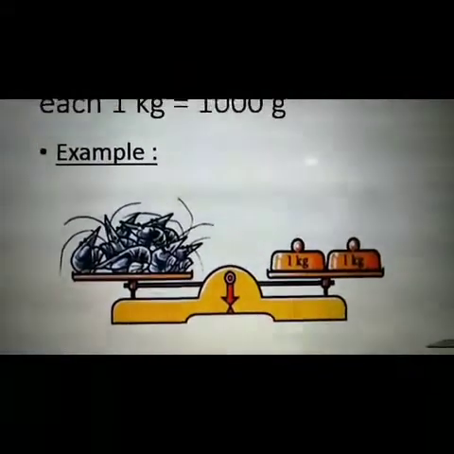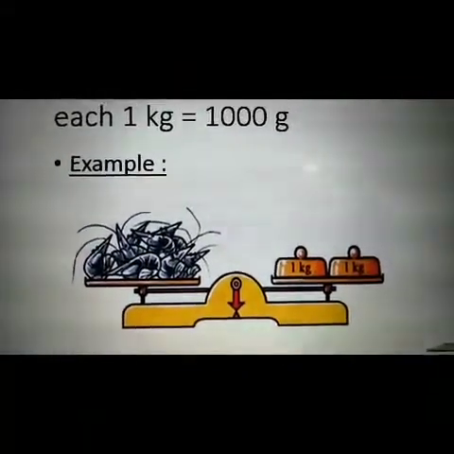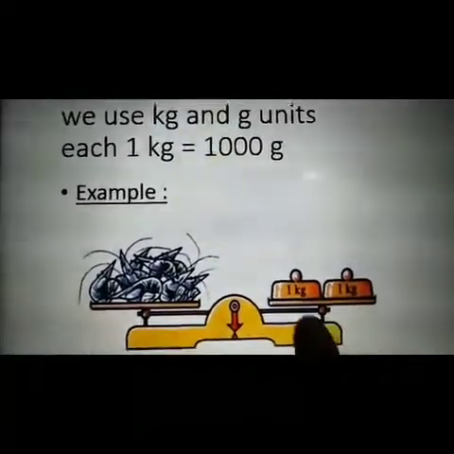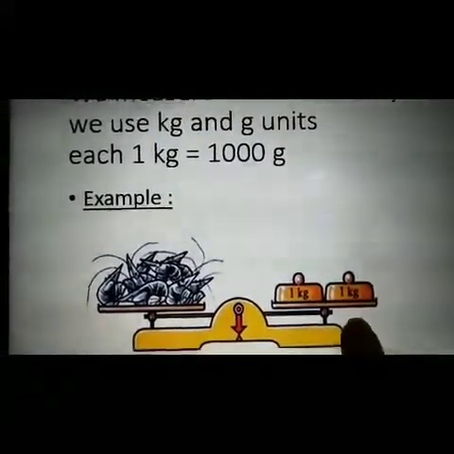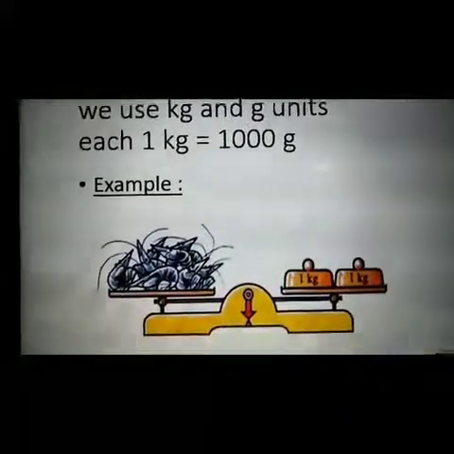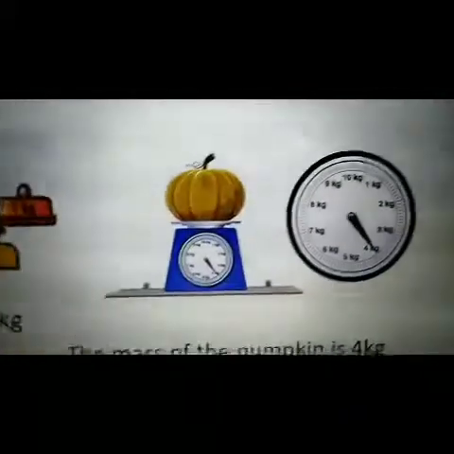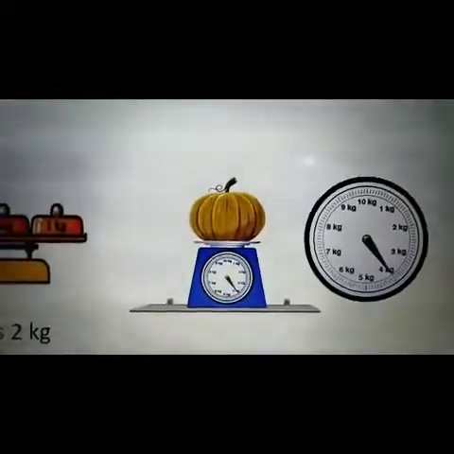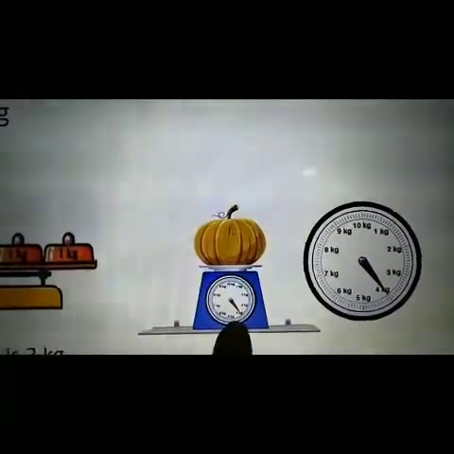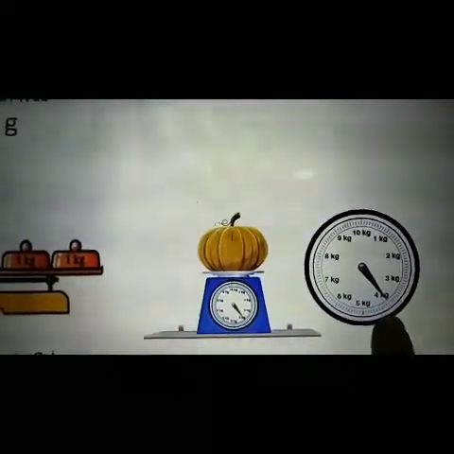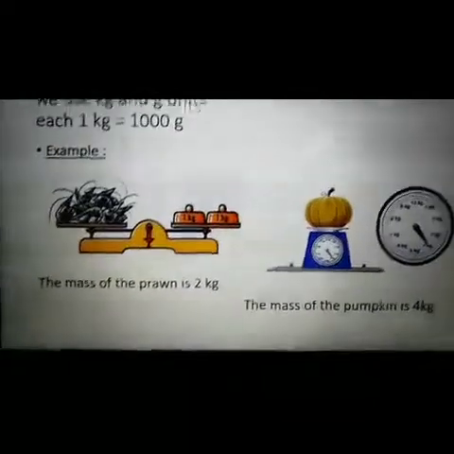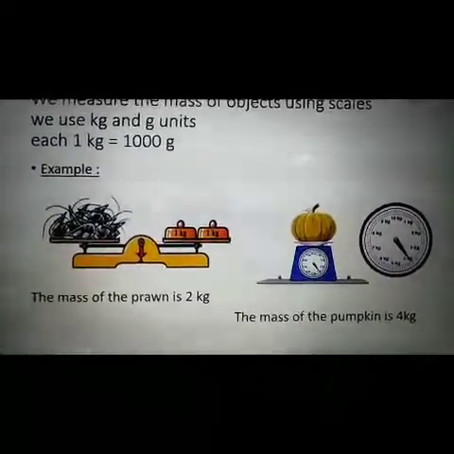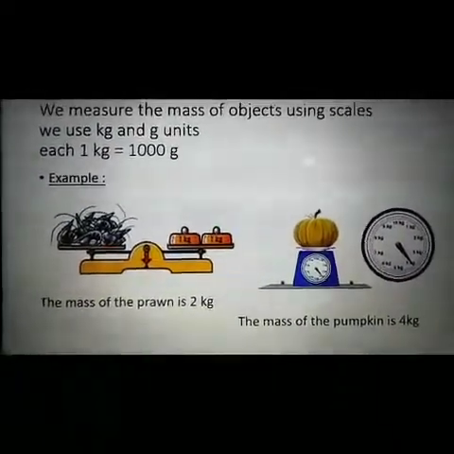You can notice that the mass of the prawn equals 2 kilograms because here we have 1 kilogram and 1 kilogram altogether equal 2 kilograms. In the second example, the mass of this pumpkin, as you can read on the scale, equals 4 kilograms. So we say that the mass of the prawn is 2 kilograms and the mass of the pumpkin is 4 kilograms.